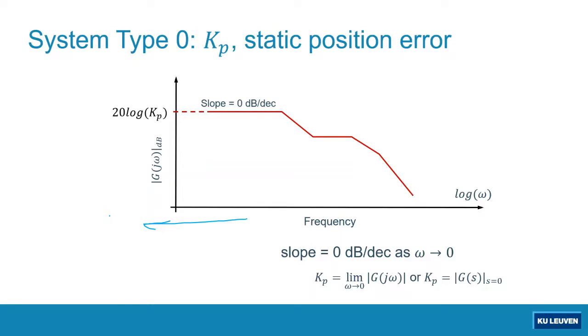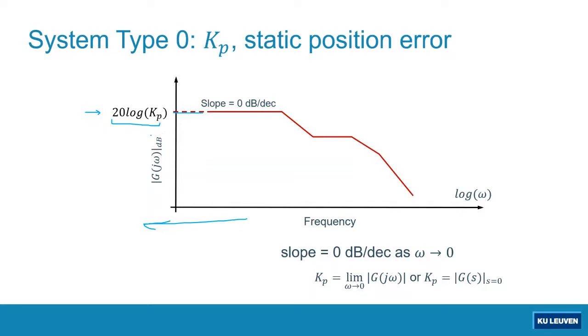So you just simply have to extend this line until it crosses the vertical axis, and then this value where it crosses the vertical axis will tell us the static position error constant. The value that will be indicated in here is the static position error constant in dB scale. Of course, it will be in dB scale because the magnitude plot is always presented in dB scale, right?